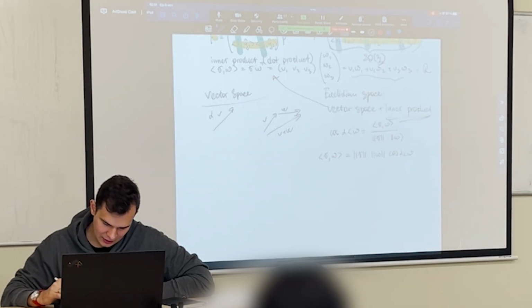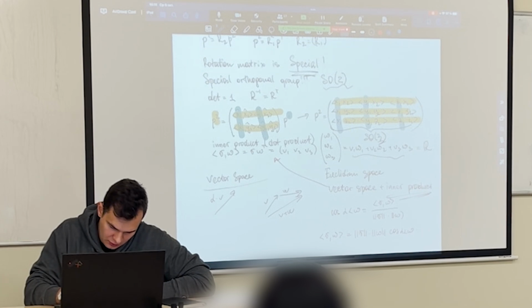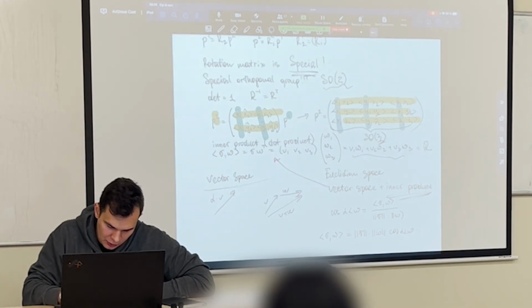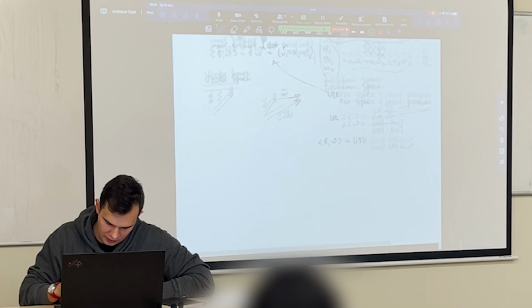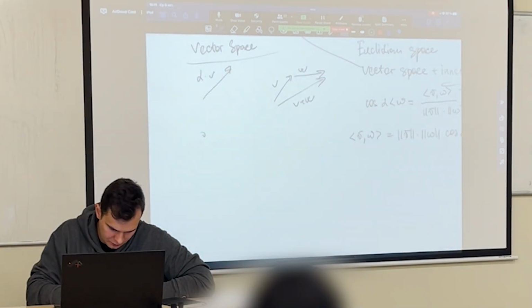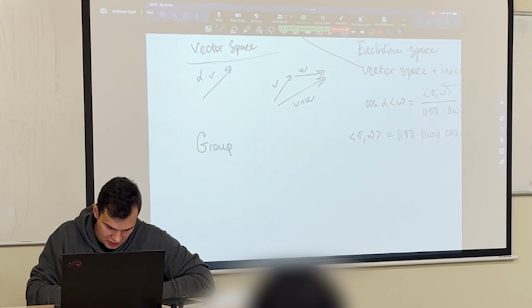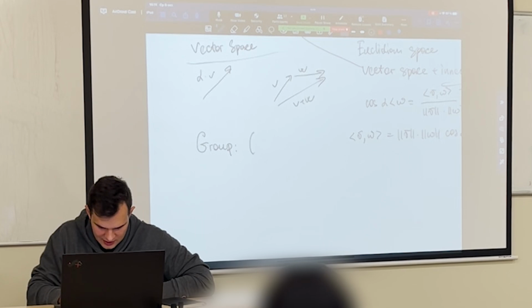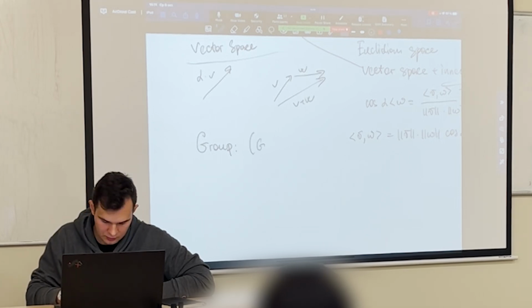And it's a spatial thing, but also it's a group. Group, it's a mathematical group structure. It means that you have a set of something and an operation.